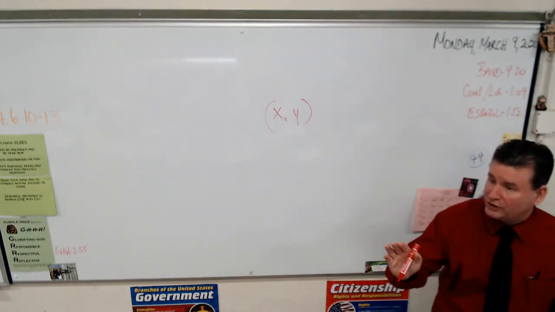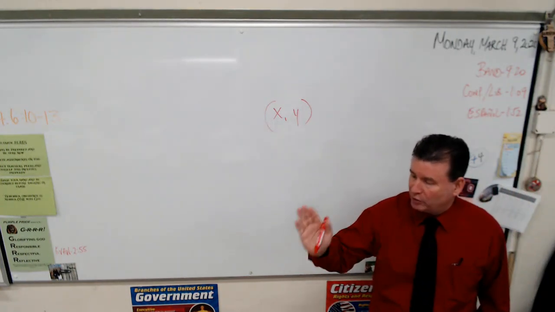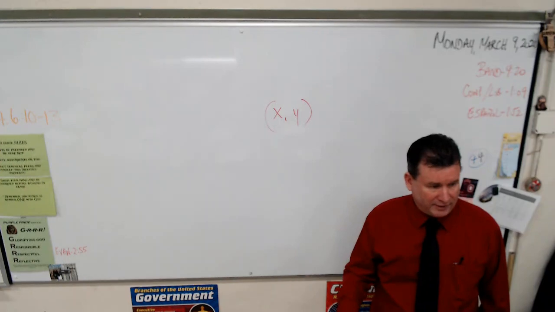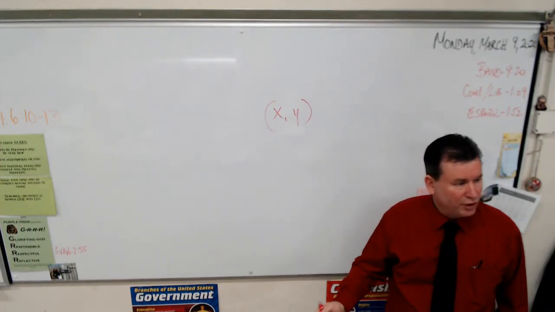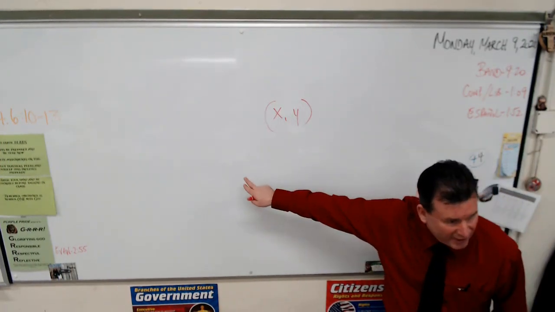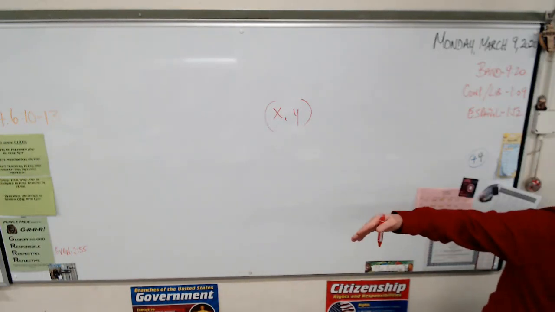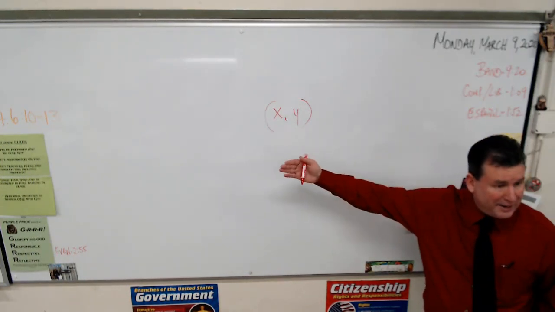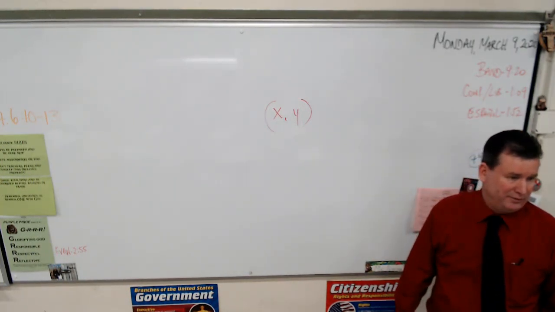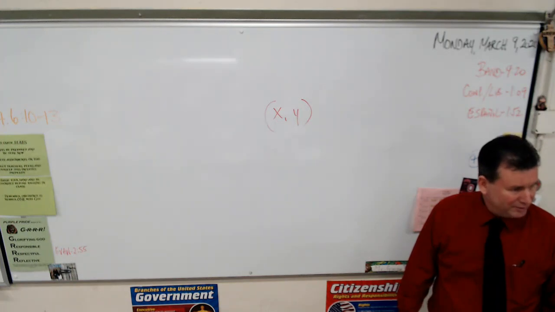If you're going to rotate a figure 90 degrees clockwise, you're going to switch the coordinates and multiply the new y by -1. That should freak you out for a second.